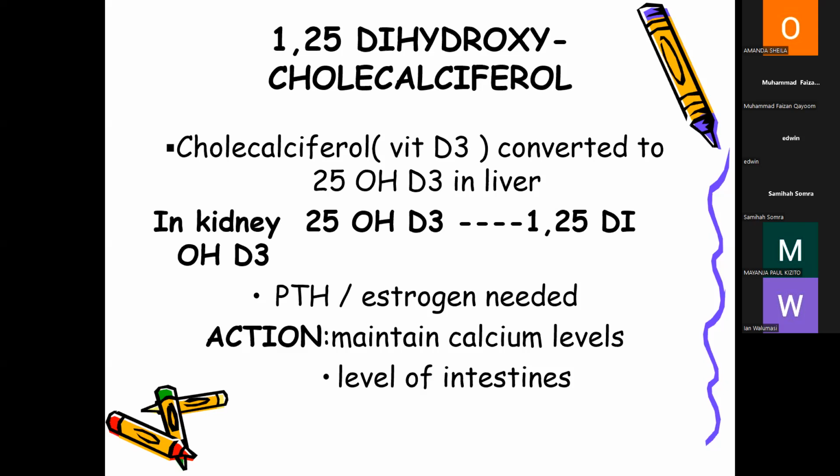It maintains calcium in the body. There's a lot of what we refer to as the homeostasis of vitamin D and calcium, and that is going to be covered quite well in the clinical areas. So those three hormones are key to the kidney.